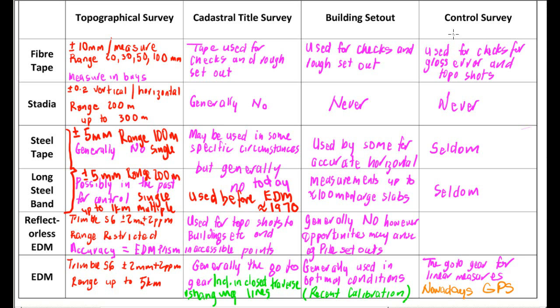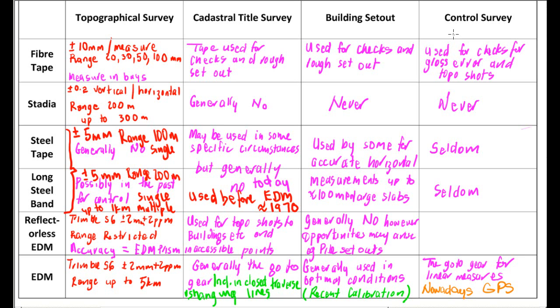I've only used it for topo shots to buildings, etc. But there are some situations where points are inaccessible that may need to be measured, that may form part of irregular boundaries and such like, that the reflectorless does have a use, but in general we tend to go to the next stage down, the EDM.